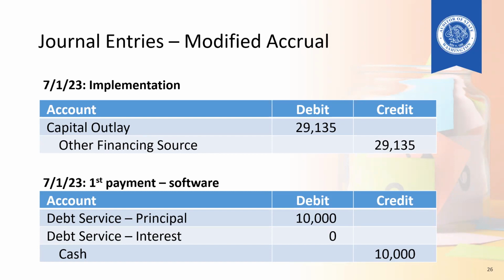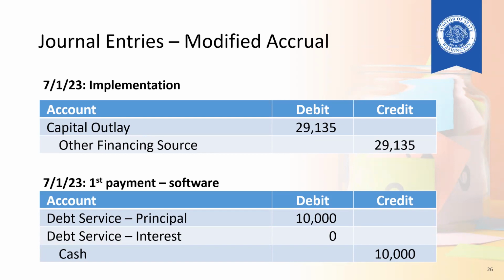So at the start of the SBITA term, that's when we record our capital outlay and our other financing source. Then when the first payment is due, since we did not record a SBITA liability, we have no liability account to reduce. Instead, we will use debt service accounts.